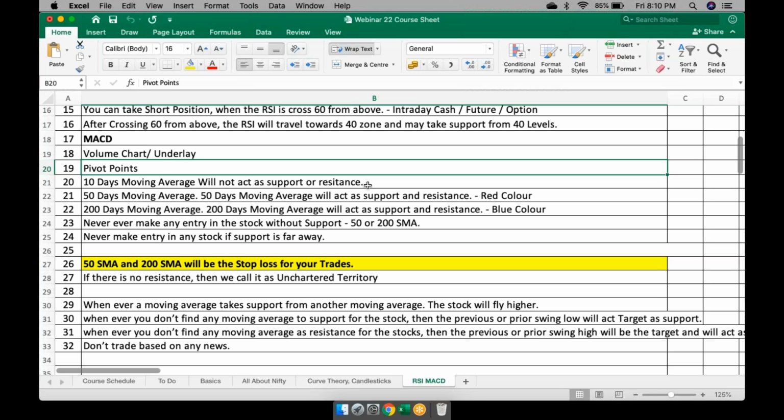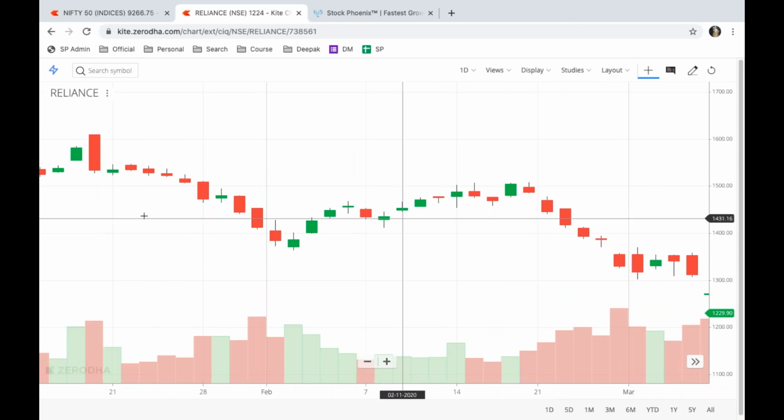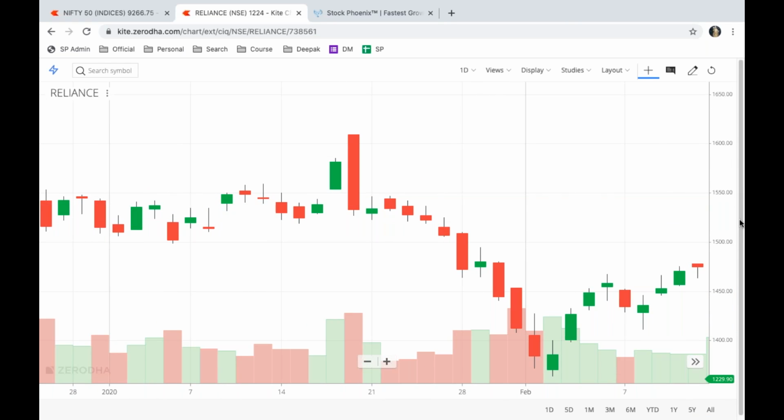What other confusions are you having in this volume indicator? It's a very simple thing. Okay, let me explain. Yesterday's close, yesterday's candle closes here. It's a red candle, or let it be even a green candle.